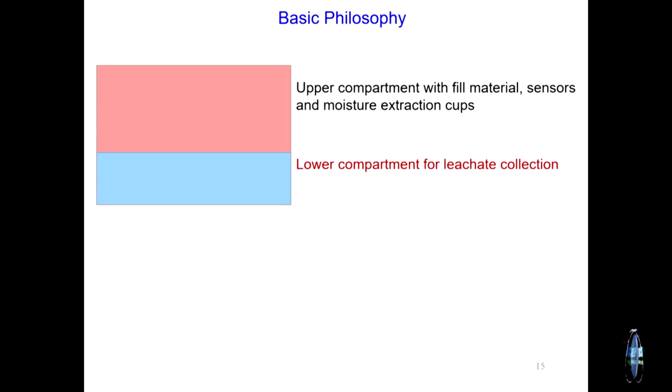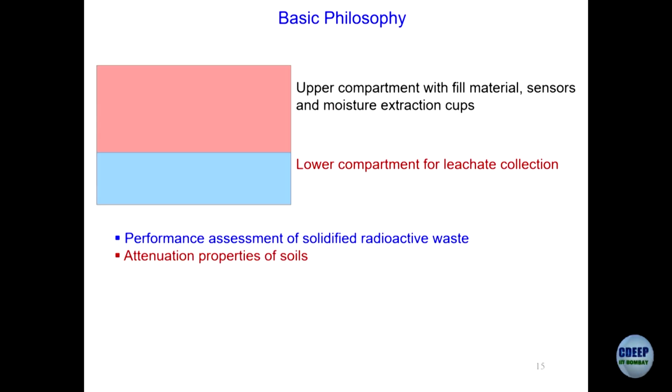There are limitations. In short, the basic philosophy is the question we have been discussing since the beginning of this course: if I have a waste entity, today also we have discussed these membranes, after filtration they are becoming secondary, tertiary source of contamination, how to bury them in the ground and whether it is safe or not.